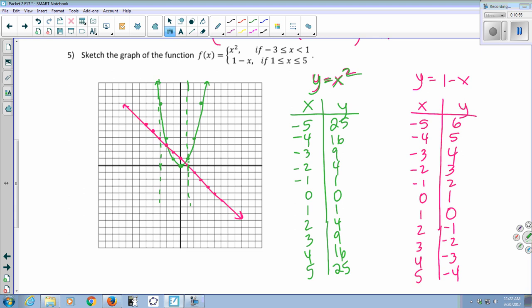Okay, I'm only supposed to keep that graph between -3 and 1. I'm going to erase what's out here, erase what's over here, and -3 I'm supposed to include, so that's going to be an open dot. And at 1, I'm not supposed to include that, so I'm going to make that an open circle there.